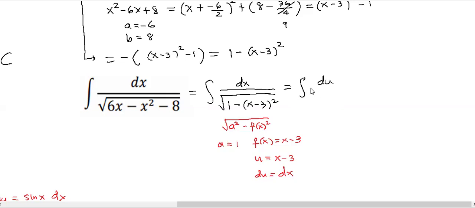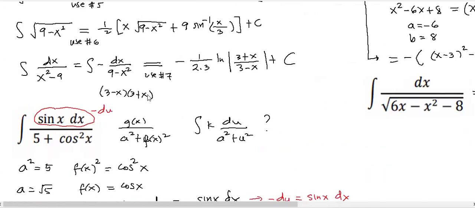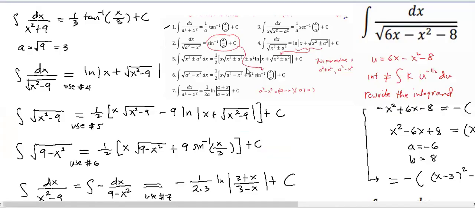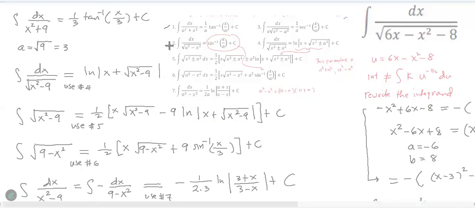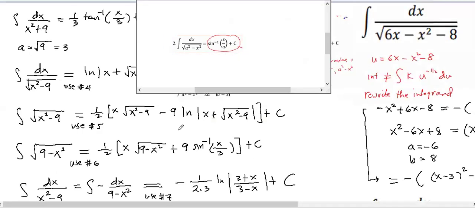It is du, and then over square root of a square minus u square. Okay? So according to ano, this is inverse trigo, di ba?